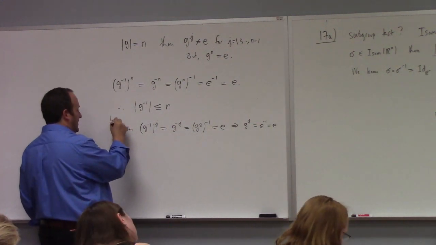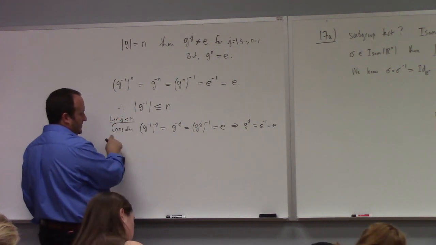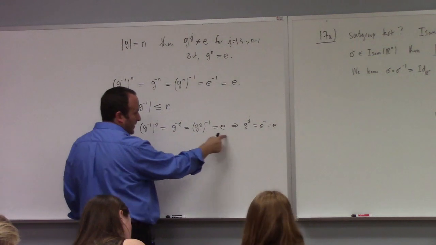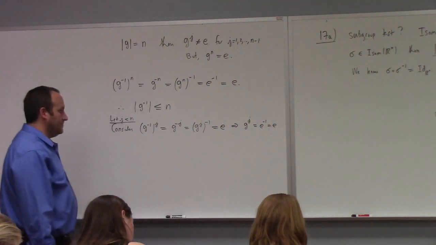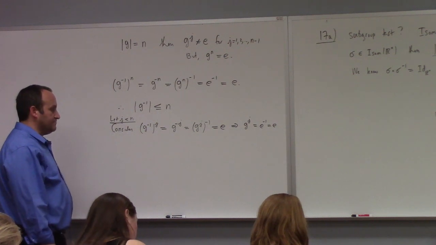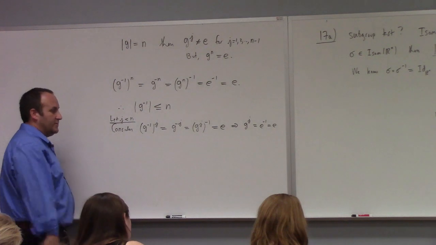Let j be less than n. Consider this. We have g to the j equals e, which contradicts that the order of g is n.